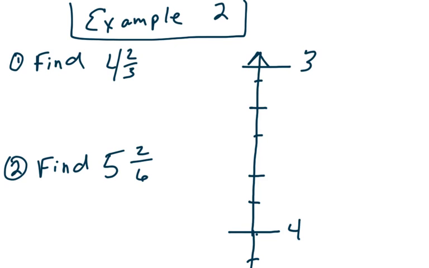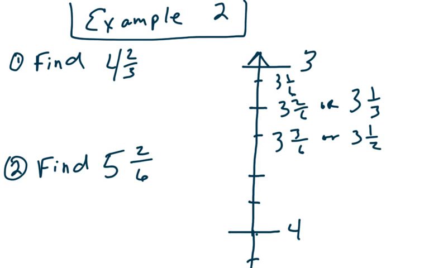So first thing I'm going to do is label 3 and 1/6, 3 and 2/6, or because this can also be split, each 2/6 is also a third. So this is 3 and 1/3. This is 3 and 3/6, or 3 and 1/2.